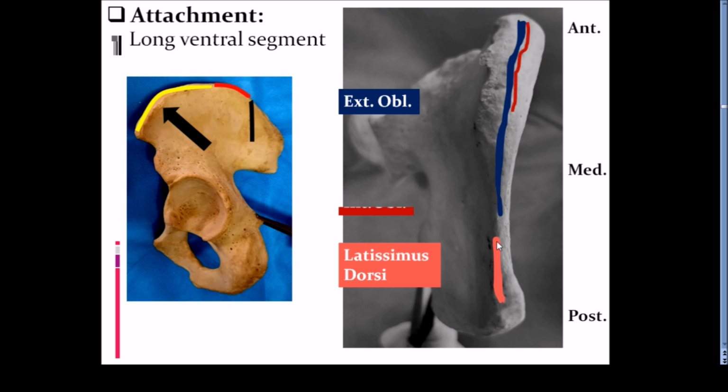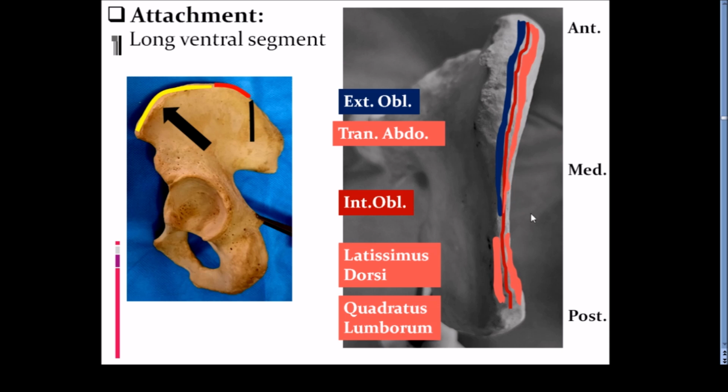Medial to this external oblique, the whole extent of the ventral segment gives origin to the internal oblique muscle. Medial to it, the transverse abdominis muscle arises only from the anterior 2/3 of the long ventral segment, while quadratus lumborum takes origin from the posterior 1/3.